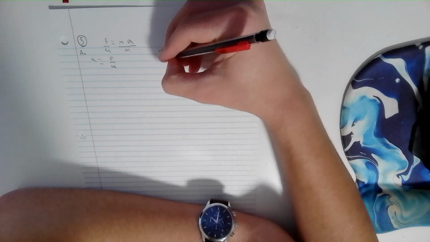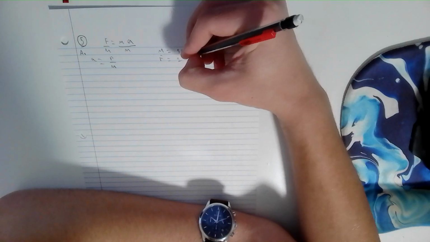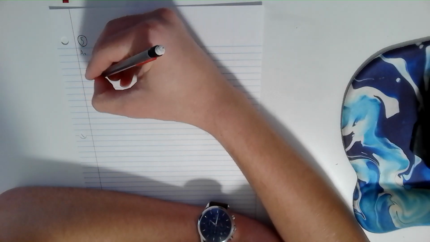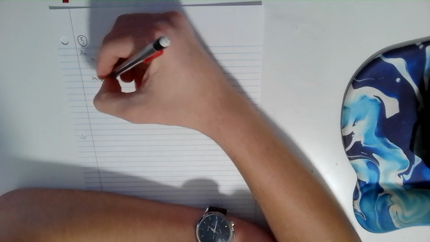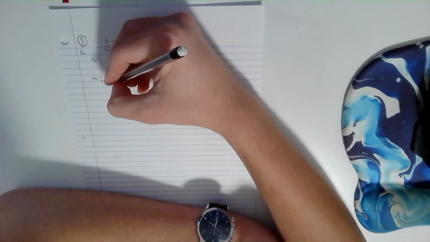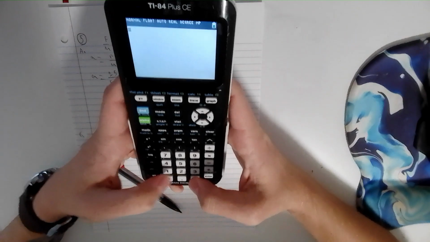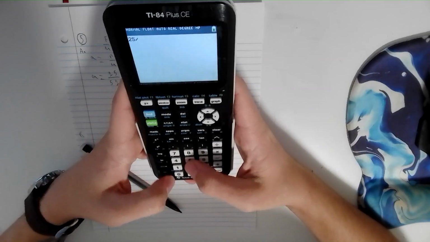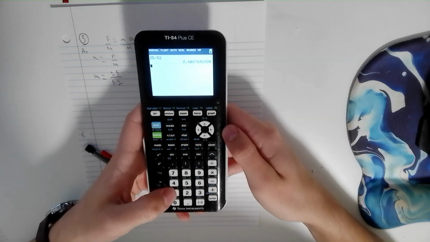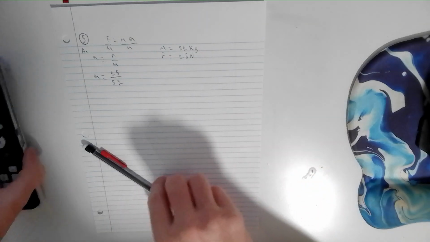So then force equals 25 newtons, and then we just plug it into the equation. So acceleration equals force 25 over mass, which is 52. And then if we do that in our calculator, 25 divided by 52, we get 0.48.